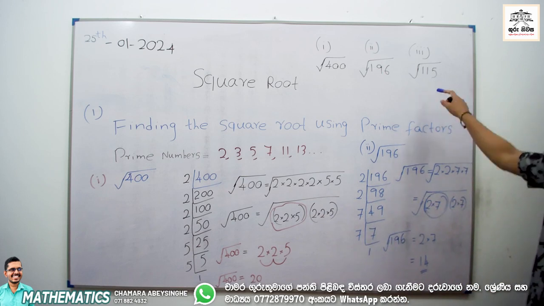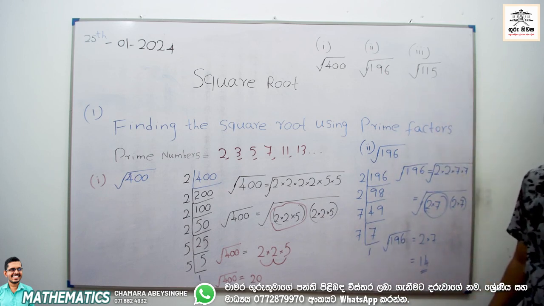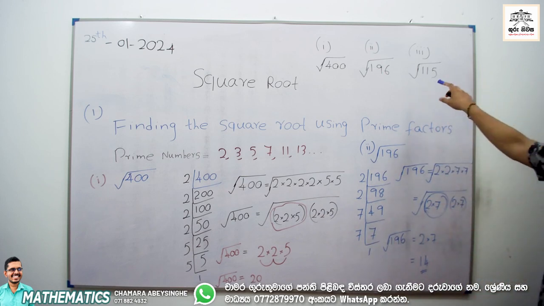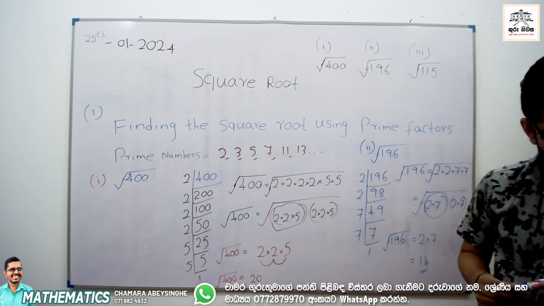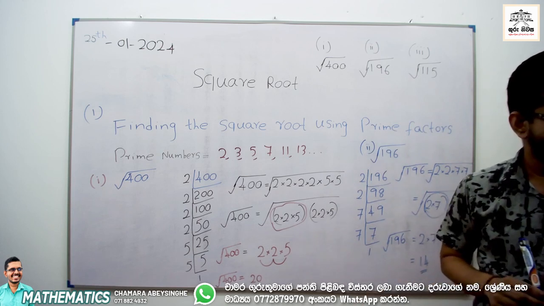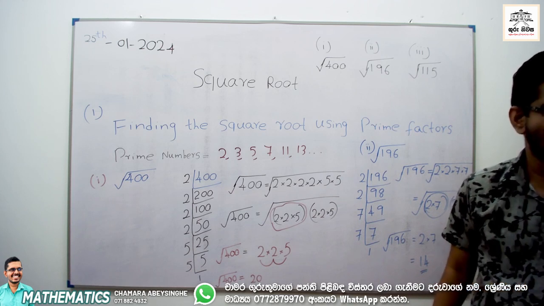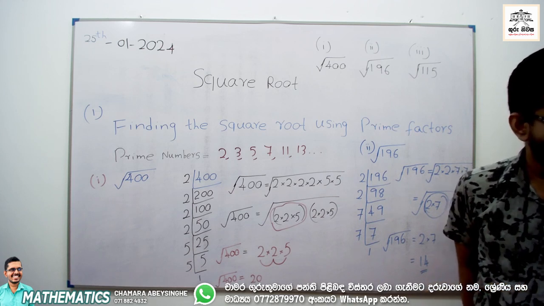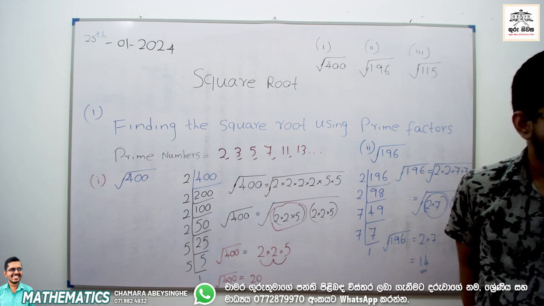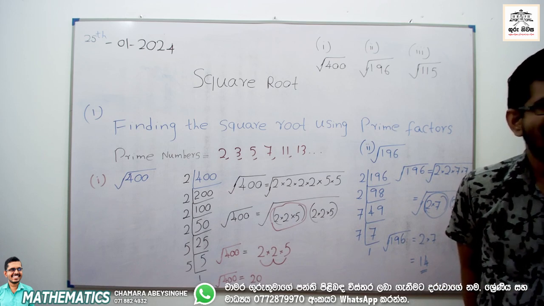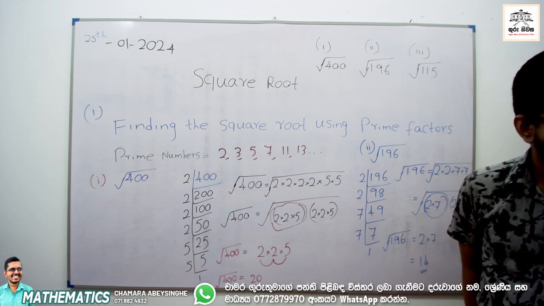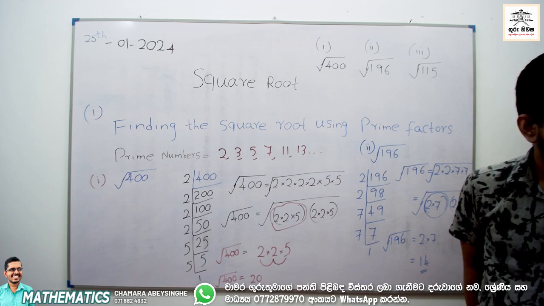Problem number 3. Square root 115. What is the answer to Roman number 3? Square root 115. What is the answer? Did you get the answer? No, sir.